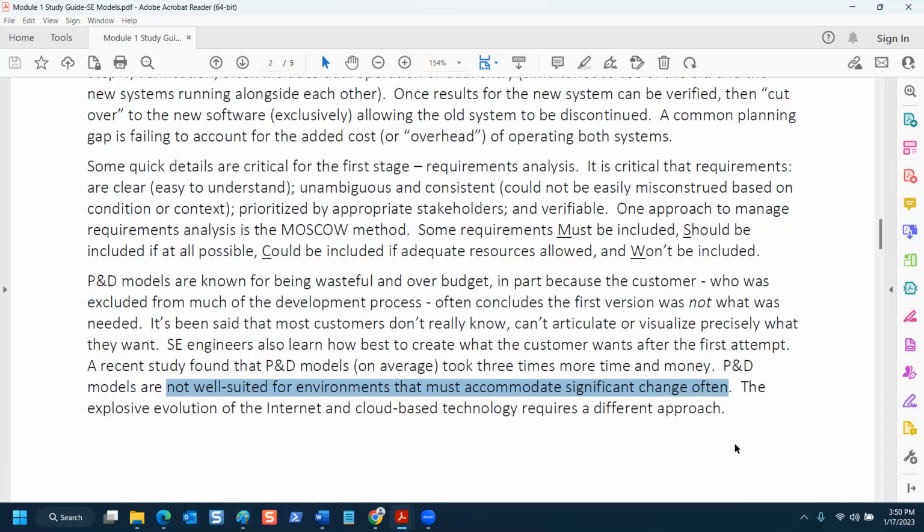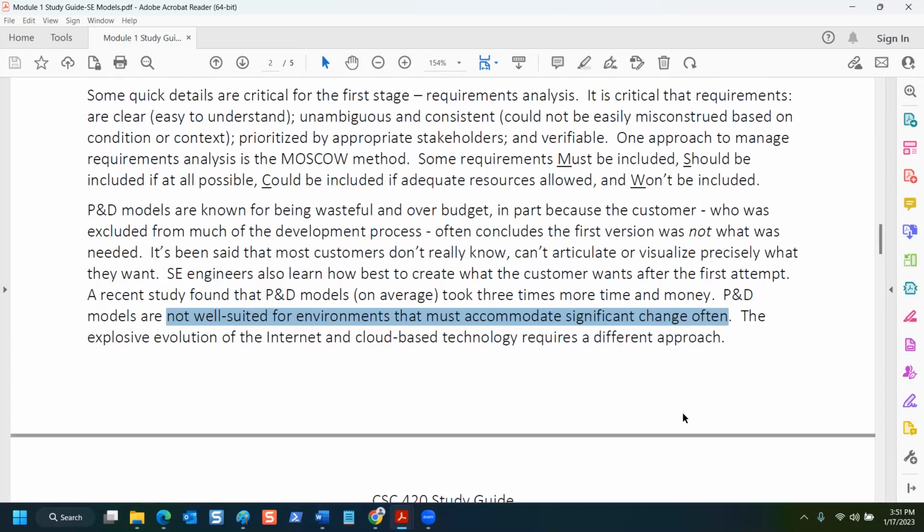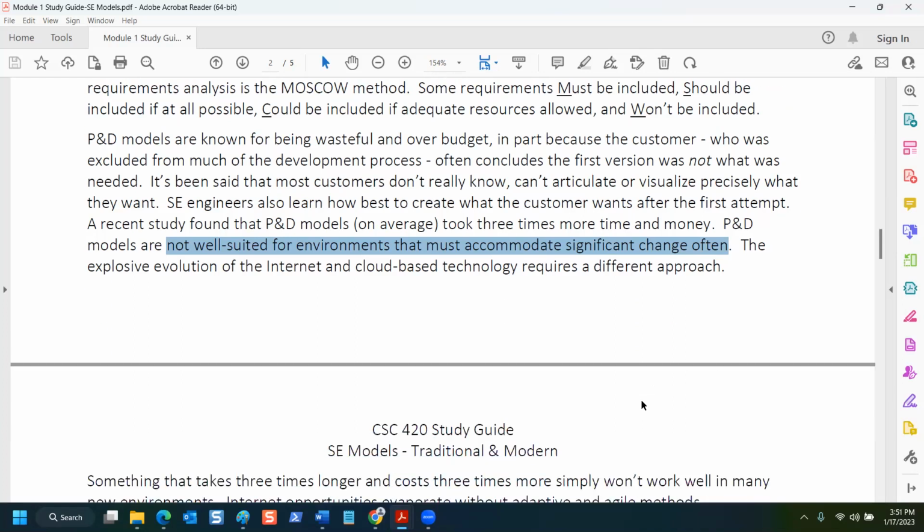You're not going to want to use a traditional model for software engineering. If you're developing for, I don't know, PlayStation, Xbox, right? Anyone ever heard of Angry Birds? Yeah, the cute little app.